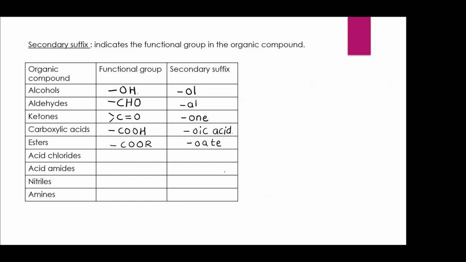And the secondary suffix is oate. Acid chlorides, COCl. Secondary suffix is oyl chloride. Amides, functional group is CONH2. Secondary suffix is amide. Nitriles, C triple bond N. Secondary suffix is nitrile. And amines, NH2. And secondary suffix is amine.